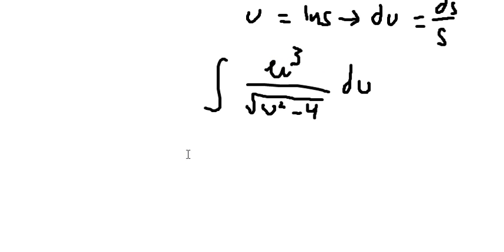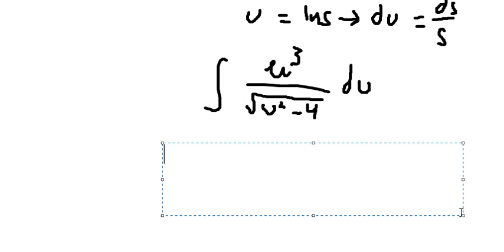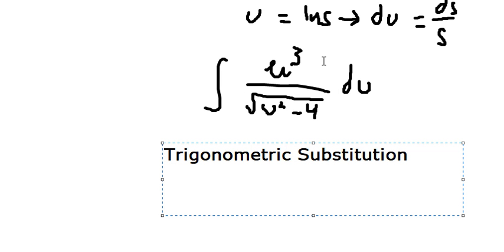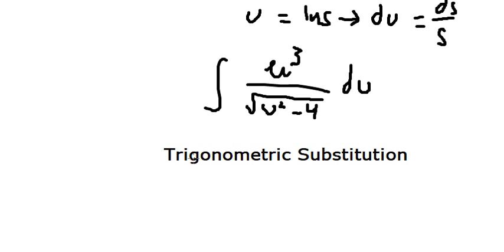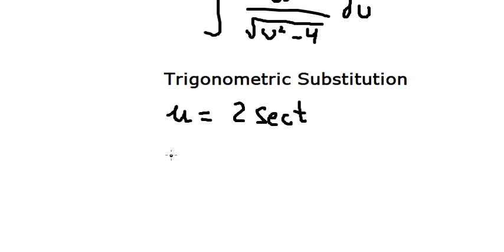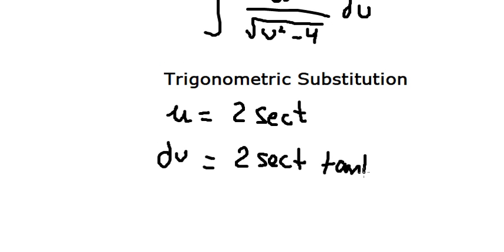Next, we need to use trigonometric substitution. So we put u equal to 2 secant of t, du we got 2 secant of t tan t dt.